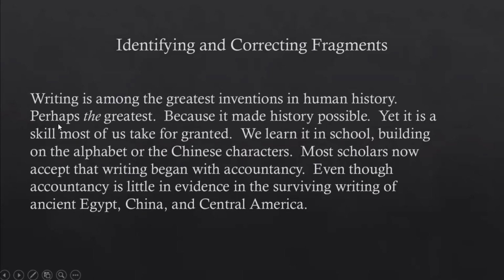Okay, so continuing then, yet it is a skill most of us take for granted. This is a tricky one too, because it starts with a coordinating conjunction. Some people hate it when you start with a coordinating conjunction. Same reason as with a subordinate conjunction, right?